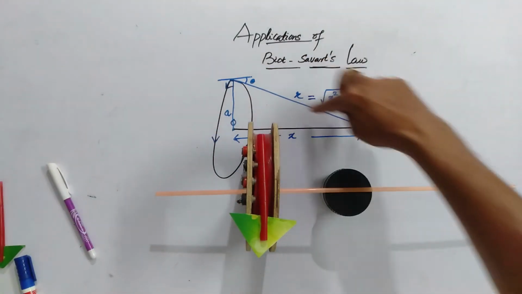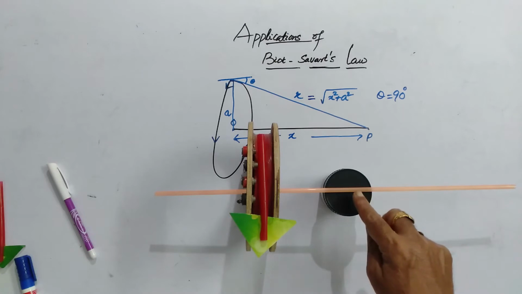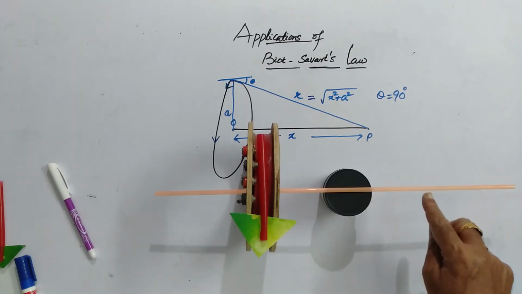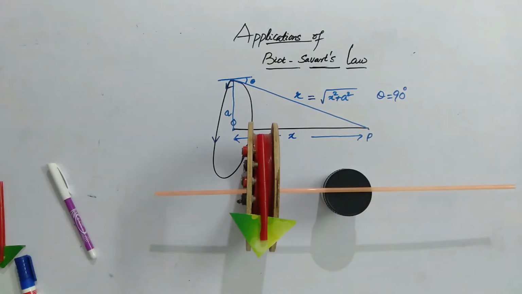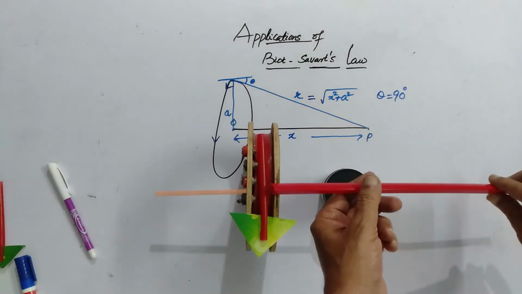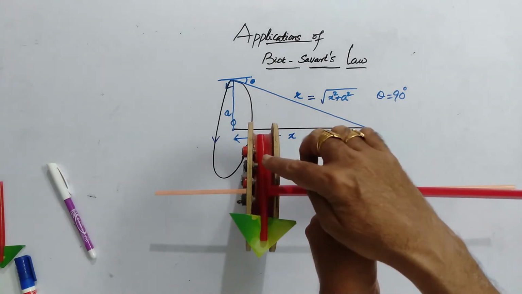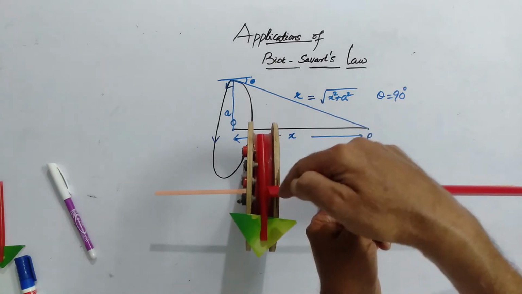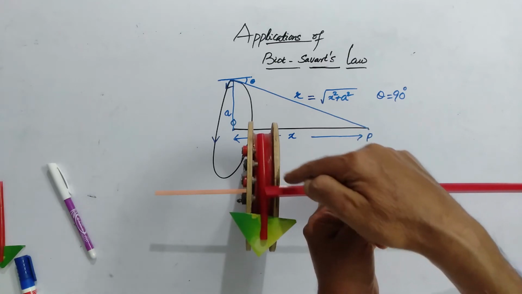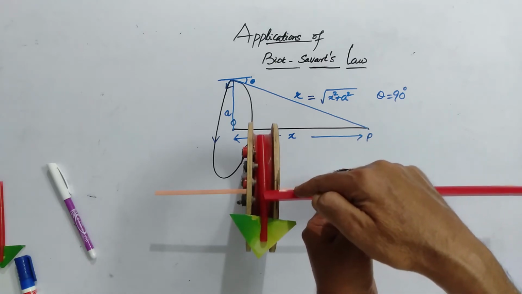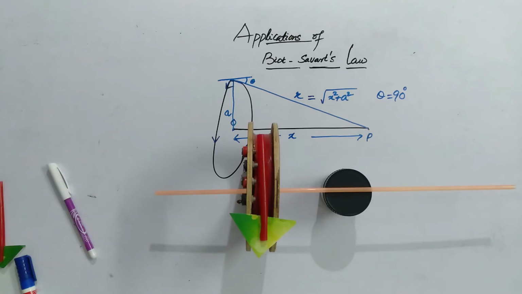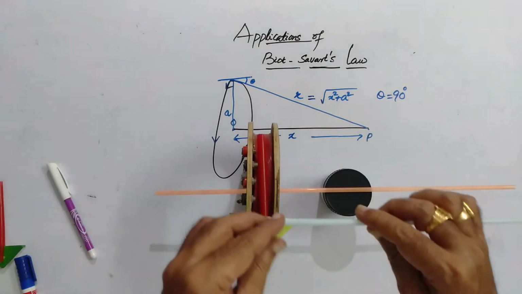Now what is this R? Suppose I am interested to take this as the point. Then I have to place this, and here this is acting like R. Now you observe this vector and this radius vector, the angle is 90. It is easy to observe on a three-dimensional surface rather than on a two-dimensional surface.